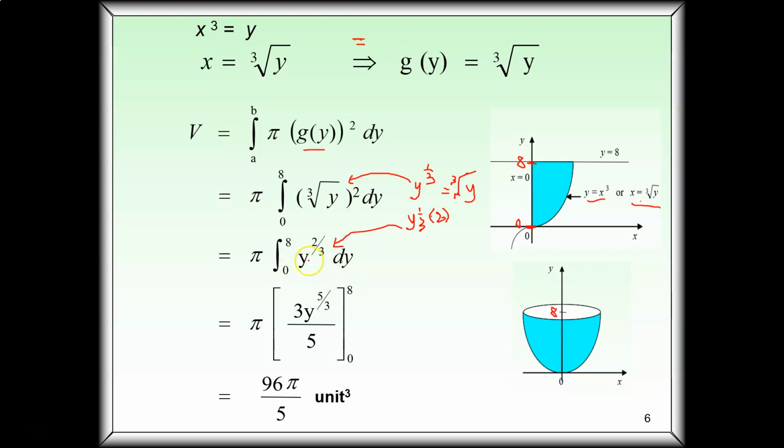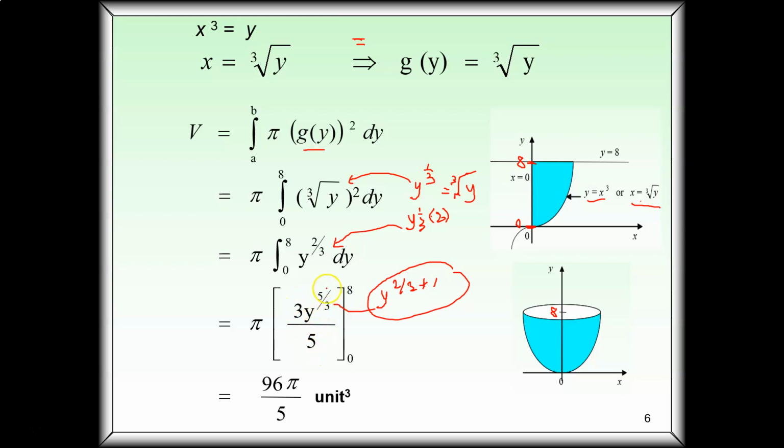Now we integrate this. Integrate y to the power of 2 over 3. You add 1 to the power, so you get this part: 2 over 3 plus 1. When you press the calculator, you get y to the power of 5 over 3. This one is actually this 5 over 3. And then how come there is 3 over 5 in front?